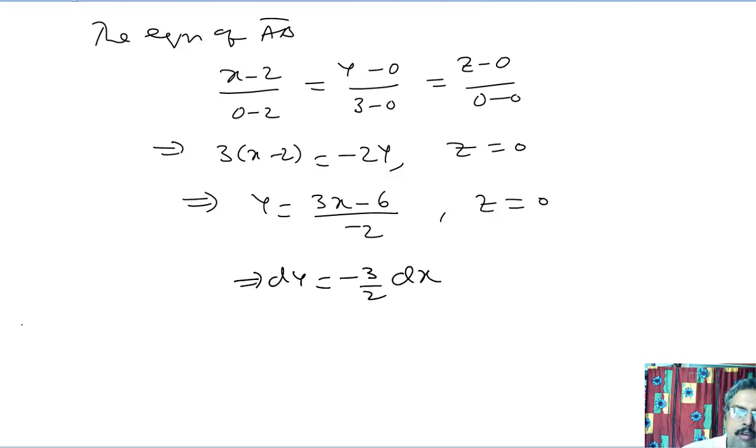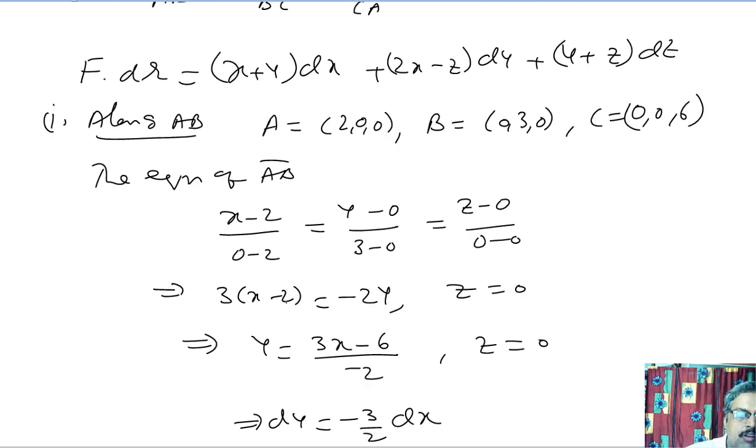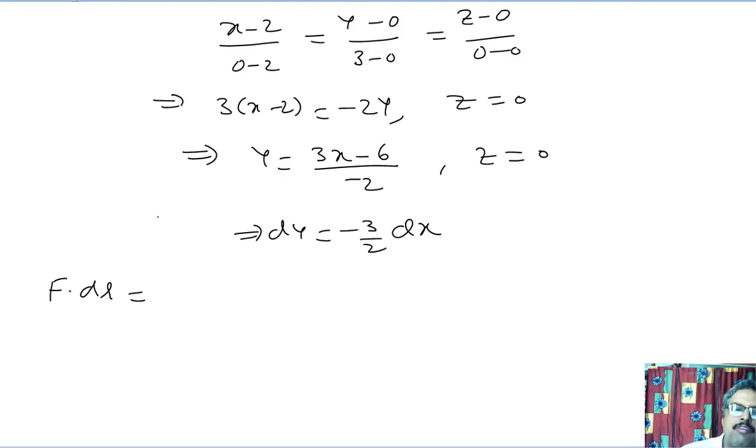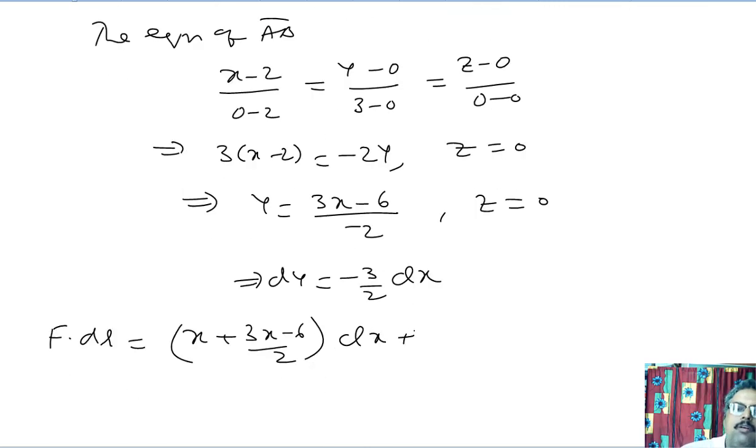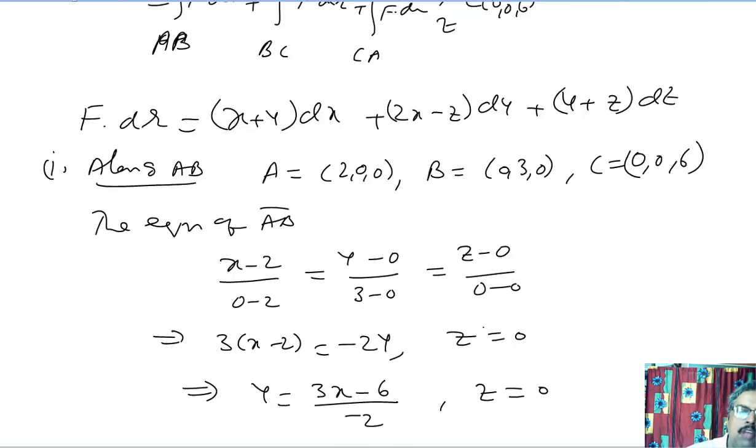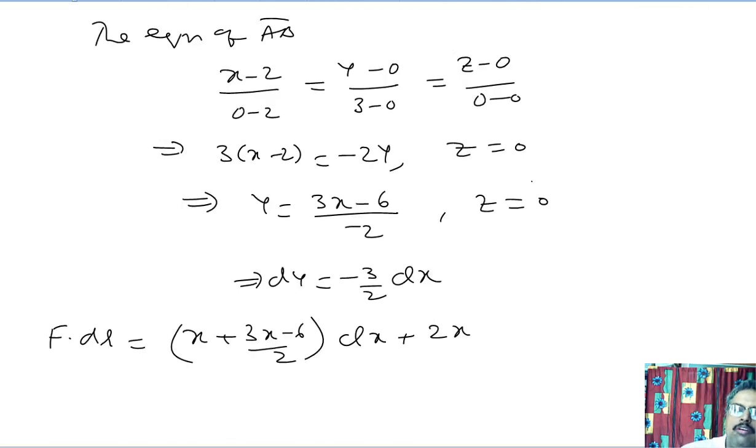Now substitute all these in f dot dr, everything in terms of x. First x plus y, where y is 3x minus 6 by minus 2, into dx. Now the second term, 2x into z, z is 0. So dy equals minus 3 by 2 dx.